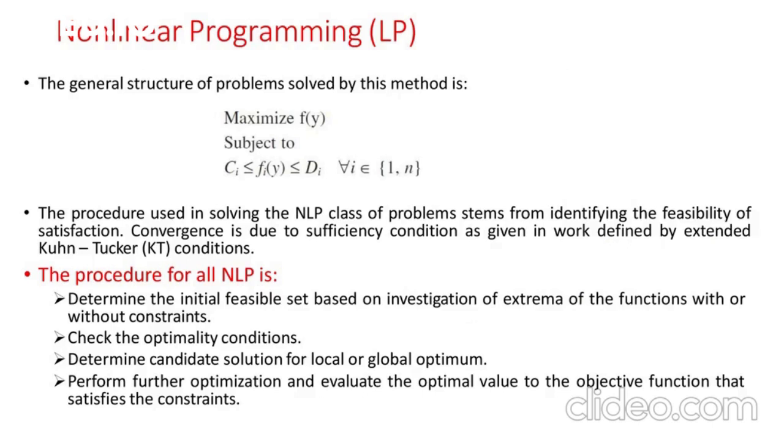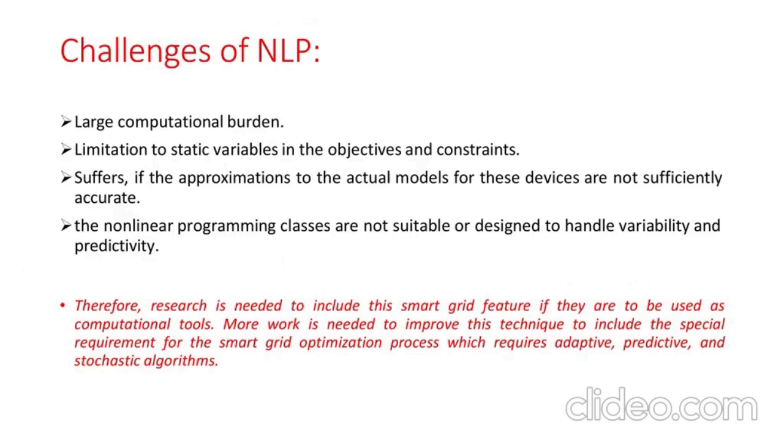The procedure for solving nonlinear programming: determine the initial feasible set, check the optimal conditions, determine the candidate solution for local and global optimum, perform further optimization, and evaluate the optimal value of the objective function that satisfies the constraints. This is the general procedure for nonlinear programming.